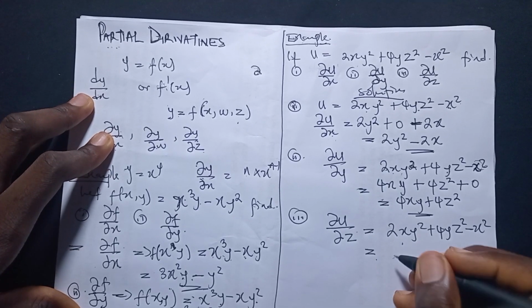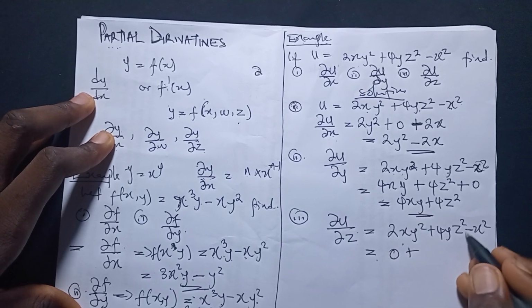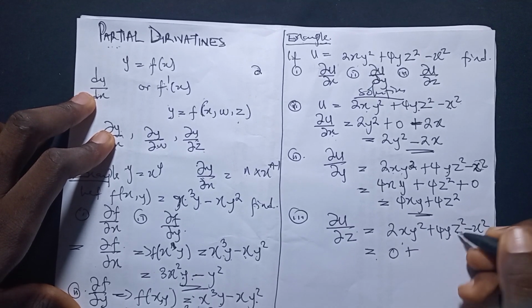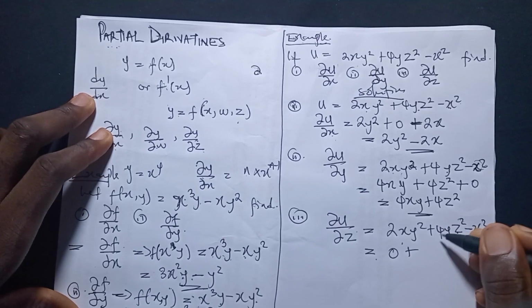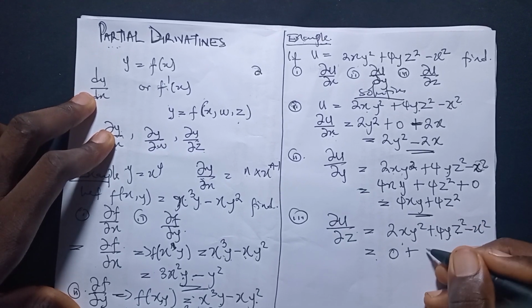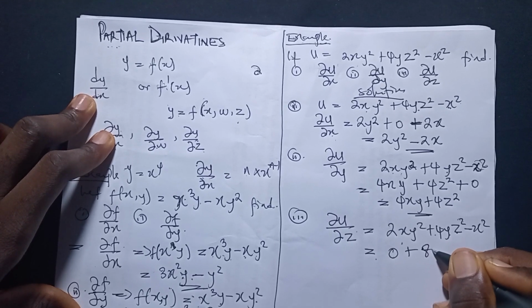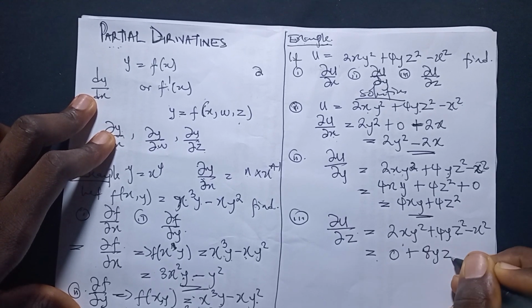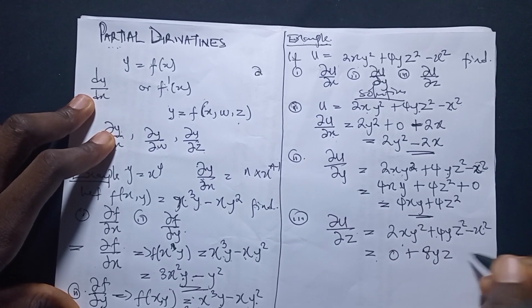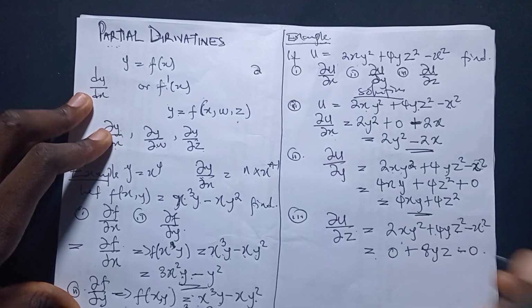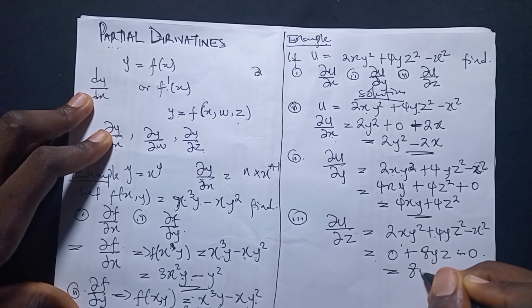Since there is no z here, we keep it as 0, plus z squared. If you differentiate z squared, you have 2z. So 2 times 4 gives you 8. So what we have here is 8yz. There's no z there, keep it as 0. So our answer is 8yz.